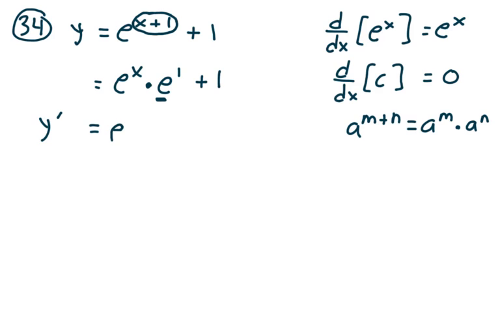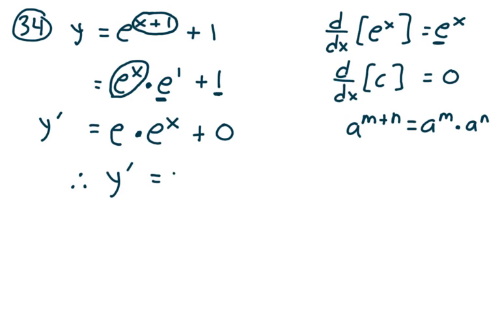So I could just write that down. And I'm going to take the derivative of e to the x. But the derivative of e to the x is just e to the x. So I'm going to write this as e times e to the x. The derivative of any constant is 0. So I'm going to add 0. And so therefore y prime is equal to e to the x plus 1.